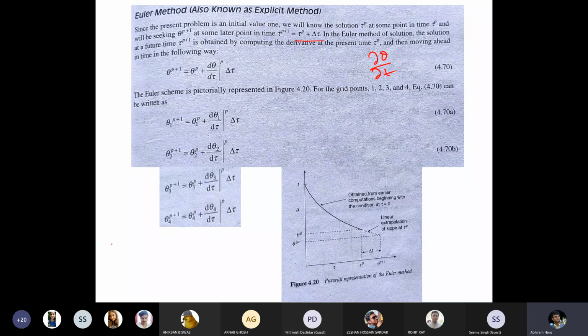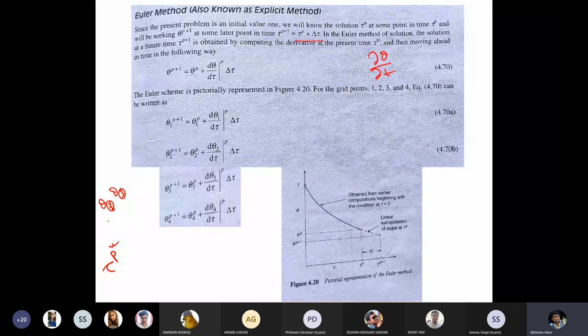So, what it means to say that initially the value at this superscript indicates the time part. For example, we were writing in the earlier case theta 2, theta 3. So this 2, 3 indicates what? The spatial position, right.